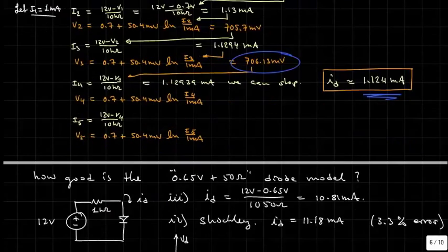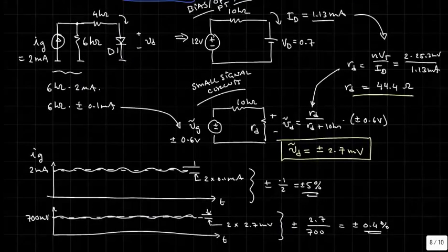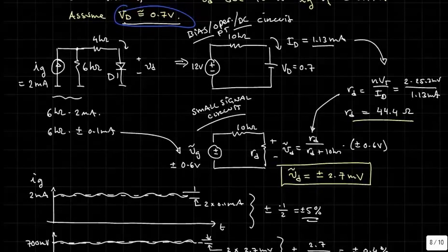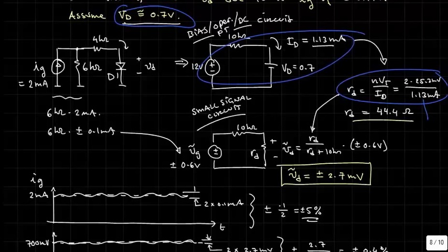Right? And then you ask, how would that actually change the small signal response? What it would have changed is in our RD right here: instead of using 1.13 milliamps, which came from assuming a 0.7 volt diode, we would have had 1.129 milliamps.